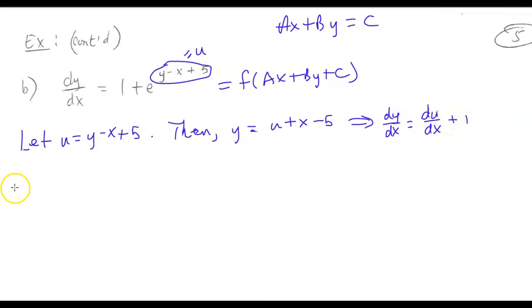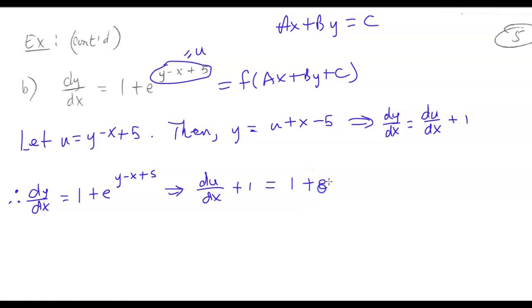So now that we have all of that, we know that dy over dx equals 1 plus e raised to the y minus x plus 5. That is the same as saying du over dx plus 1 equals 1 plus e raised to the u.